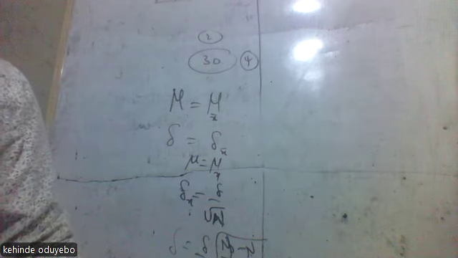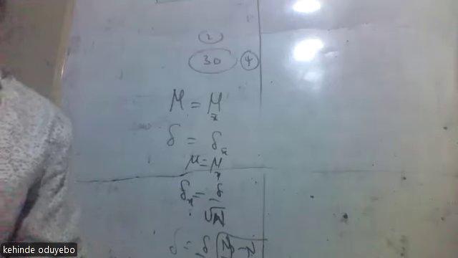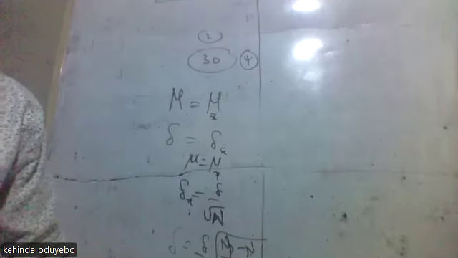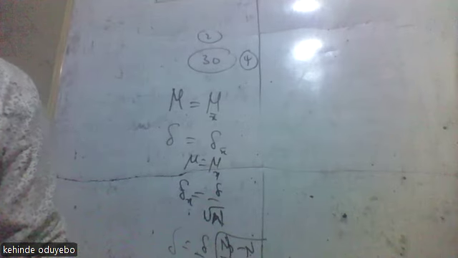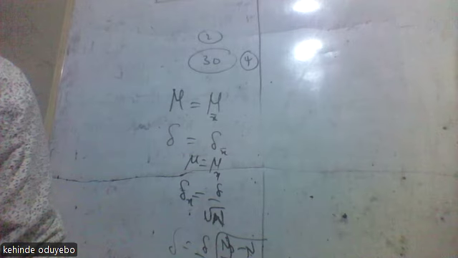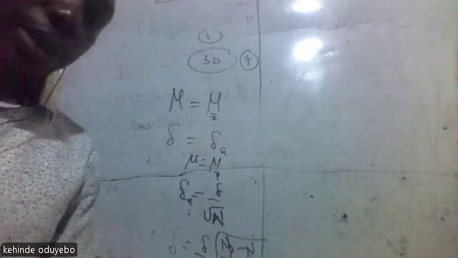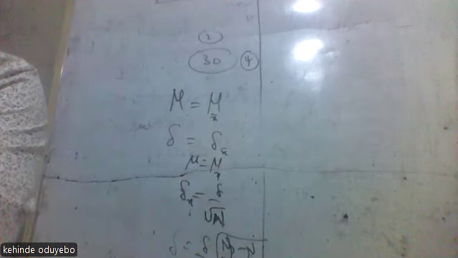So the first thing you're going to do is, there is a table we call the sampling table. You see it in appendix 9. When you open to appendix 9, let me open to appendix 9.